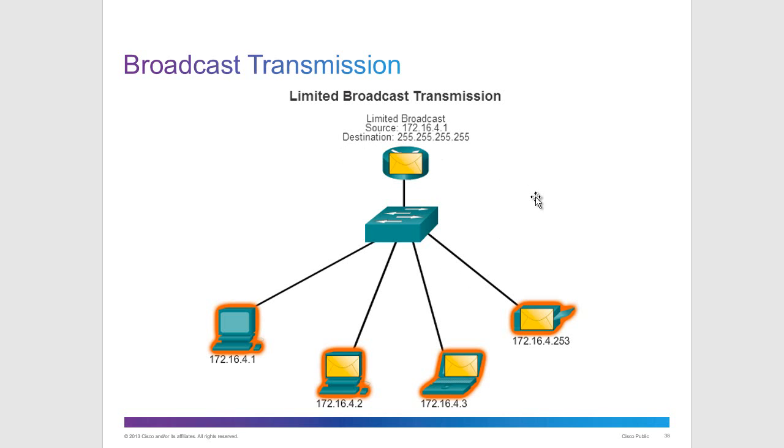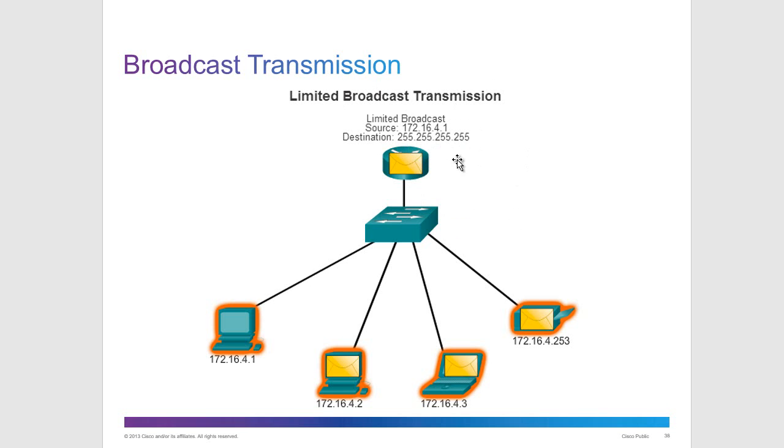We did talk about that. And you would think, if this network had a quote unquote normal subnet mask of 255.255.255.0, why wouldn't you use 172.16.4.255 for your broadcast?